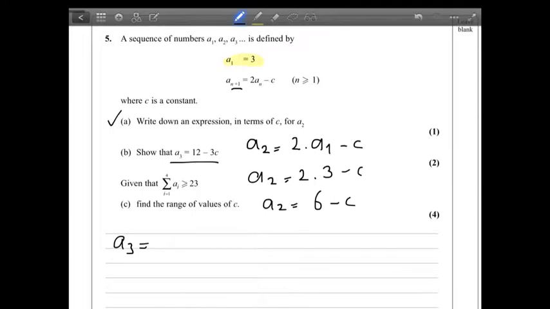We have to show A3 by using the previous terms A2 and A1.